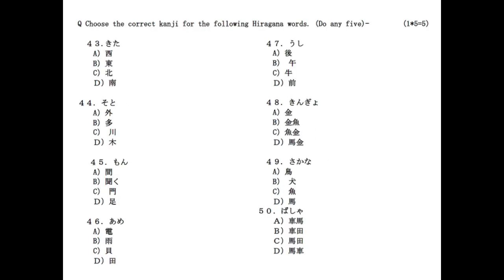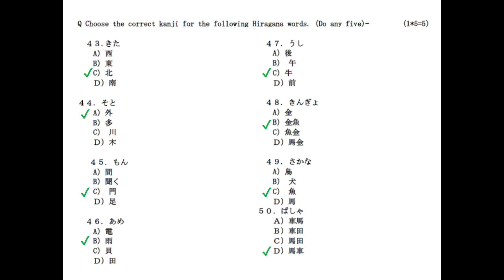Next, we come to the last page to see the questions, starting from 43 to 50. 43 is C. 44 is A. 45 is C. 46 is B. 47 is C. 48 is B. 49 is C. And 50 is D. When there are two kanji like the ones given in 49, 48 and 50, you should check the combination.